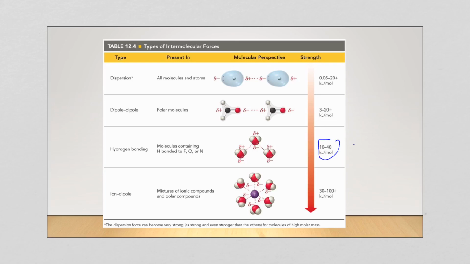A covalent bond is going to be, on average, let's say anywhere from 250 to 800, up to, if you get triple bond stuff, but it's going to be 250, 300, 400 kilojoules per mole. So, many times stronger than even the strongest hydrogen bonds that we can see.